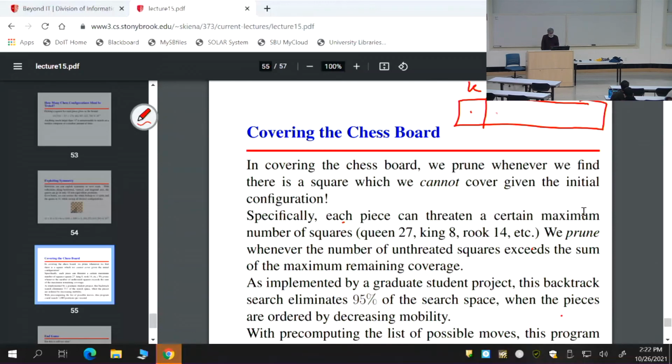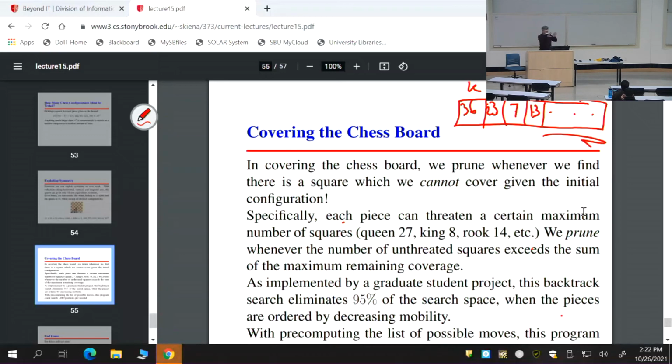Does it matter what order I put the pieces down? Recognize, what do I want to do to prune this? I want to say if I put my king in square 36 and my queen in square 23 and my knight in square 7 and this knight in square 13, it would be great if I could now prove that there was no way to finish the job.